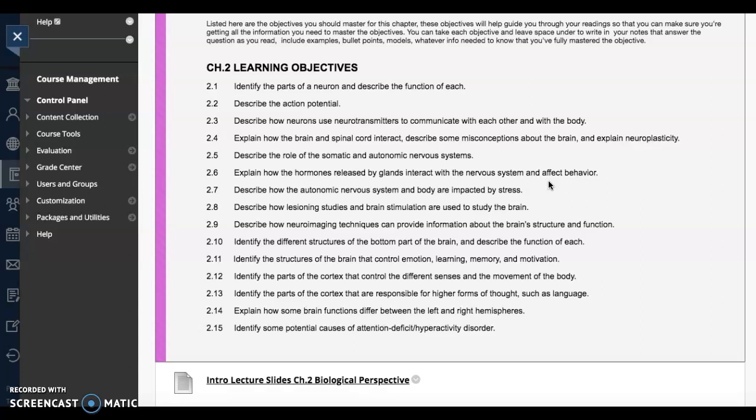Some of you, this is the first time you're hearing about the brain and behavior and all of that. So it's a packed chapter. I just want to start off by prefacing with that. Lots of terminology, lots of definitions.